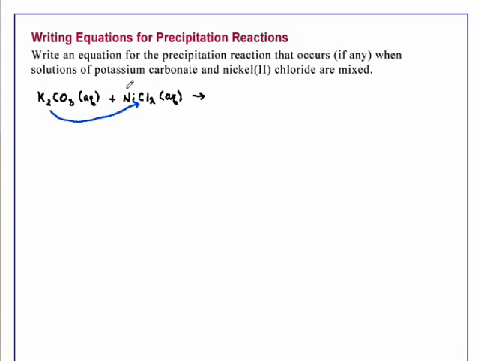Likewise, the positive nickel ion in nickel(II) chloride, if it's going to do anything, will combine with the negative carbonate in potassium carbonate. So let's write the possible products and see whether this will happen or not.